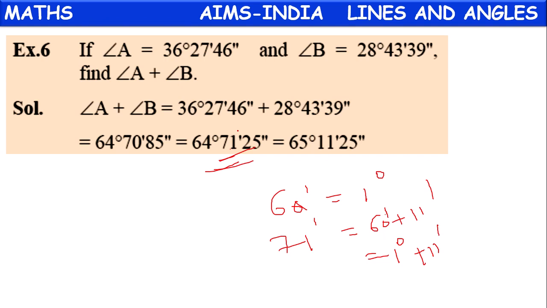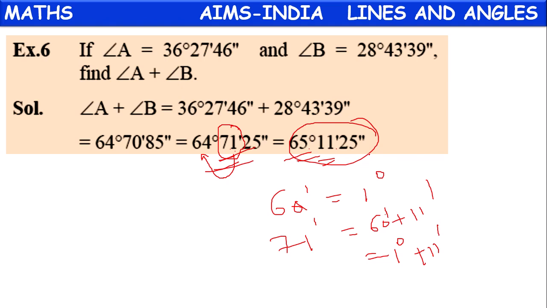So this 71 minutes we are writing as 11 minutes, and 1 degree will remain. That will be added to the front degree. 64 degrees plus 1, 65 degrees. So like this, we can write it as 65 degrees, 11 minutes, 25 seconds.